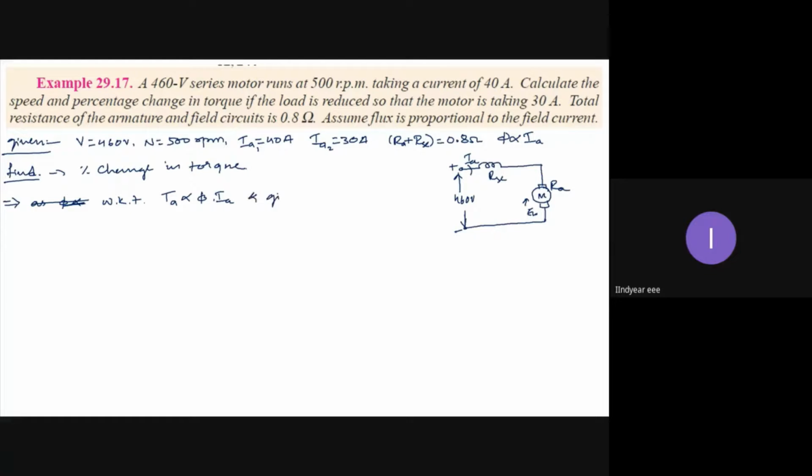And given that phi is proportional to I, therefore TA is proportional to I square. So I can write TA1 proportional to IA1 square and TA2 proportional to IA2 square.